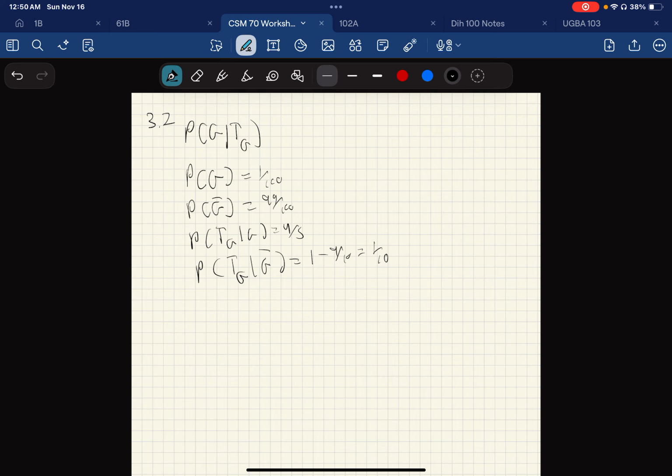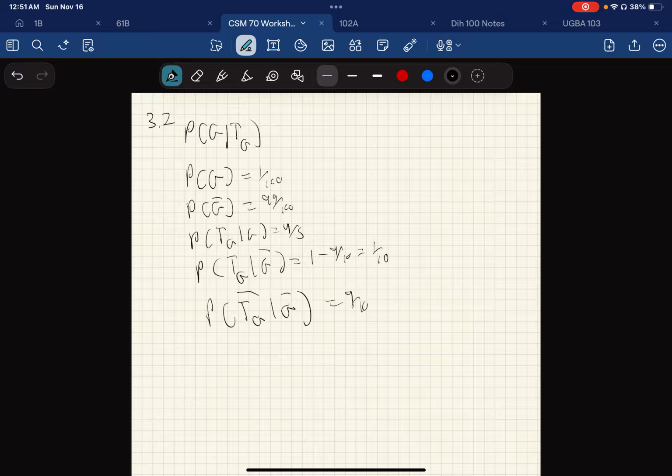And then the probability that the test is going to read guilty given that someone's not guilty is found via the complement rule, with the probability that the test reads innocent for someone who isn't guilty.